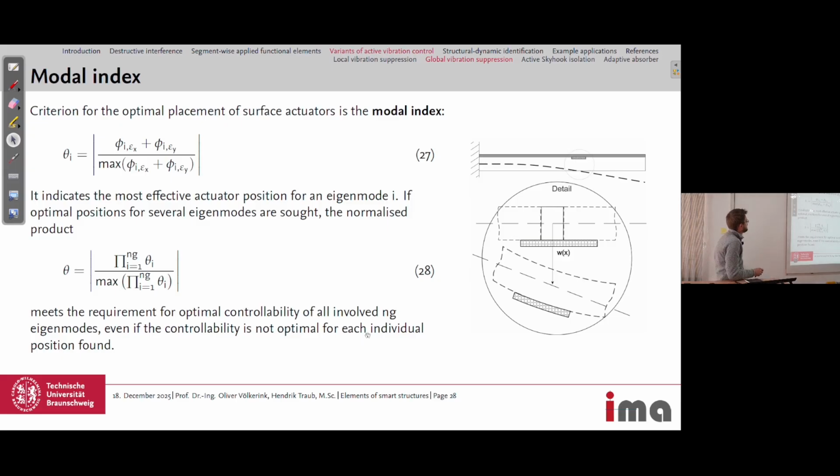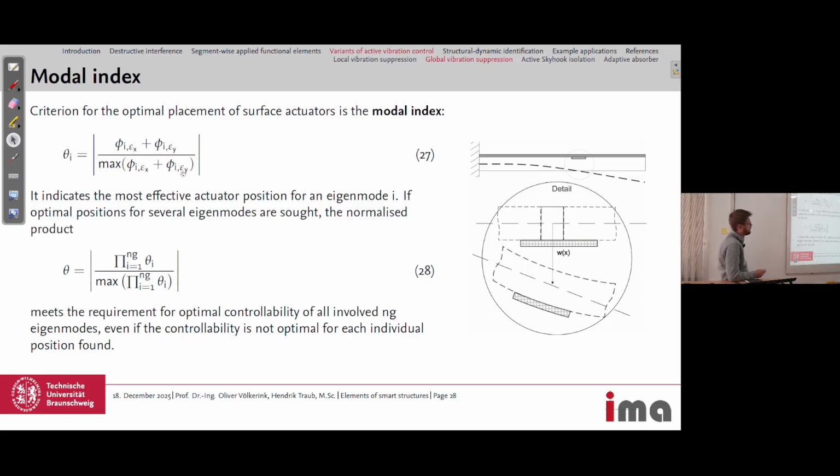And with this, we can set up a criterion for the optimal placement, the so-called modal index, where for one mode shape we sum up the actual strains of the structure where the sensors or the actuators are placed, and divide by the maximum we could achieve.